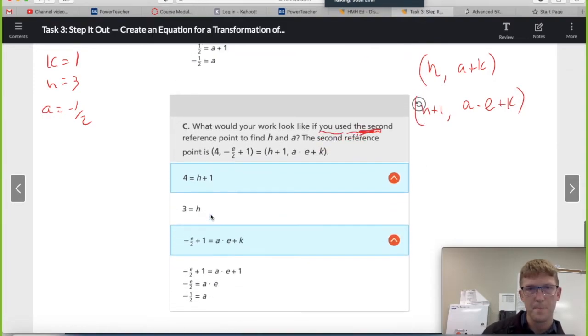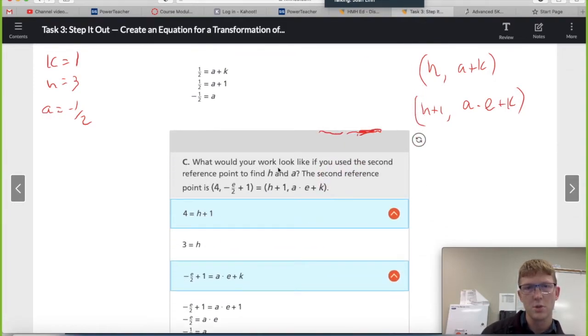What could your work look like if you used the second reference point instead of the first? As long as you realize that it was your second reference point, you would have your second reference point equals this one right there, and you will eventually get the same answers.